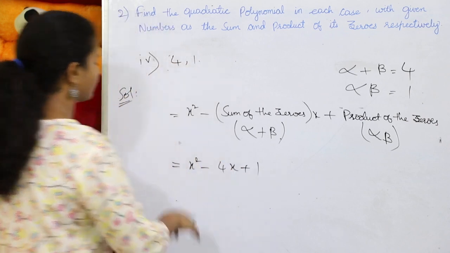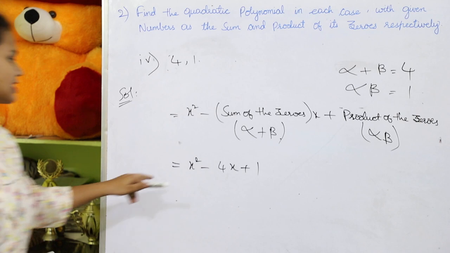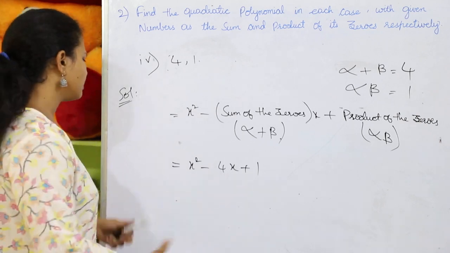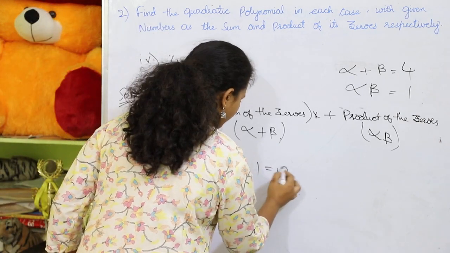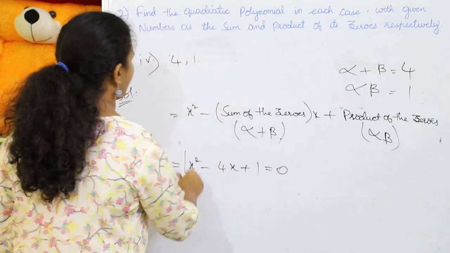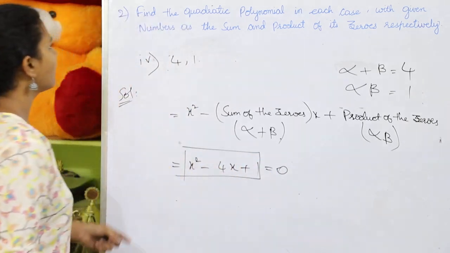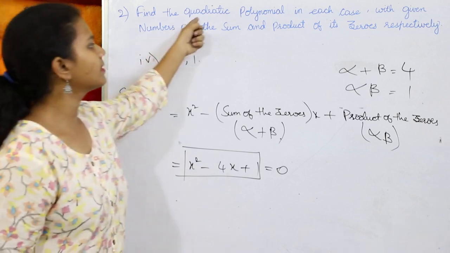Clear. Our sum is done. Alright, so here I got x square minus 4x plus 1. We can equate this with 0. But what have they asked? They have asked me to find the quadratic polynomial.